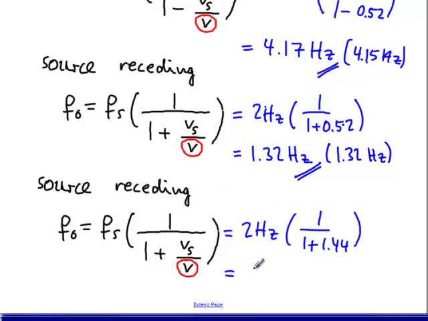As far as plugging in that one, also only the source is receding, because with this supersonic airplane we just didn't get any sound standing in front of it because it was faster than the sound.